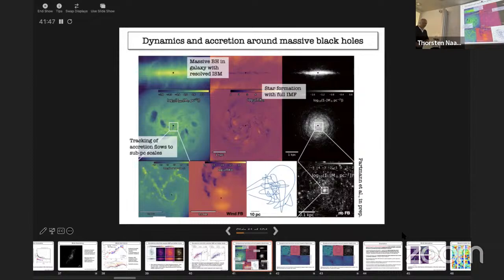Gas coming in. So what do we want to investigate? We want to see how massive black holes can grow in low mass galaxies. Can they grow? How can they grow? So we use high resolution and try to track the flows to the center. Here's a model for feedback from the accreting black hole, because the constraints we have in dwarf galaxies are from X-rays.